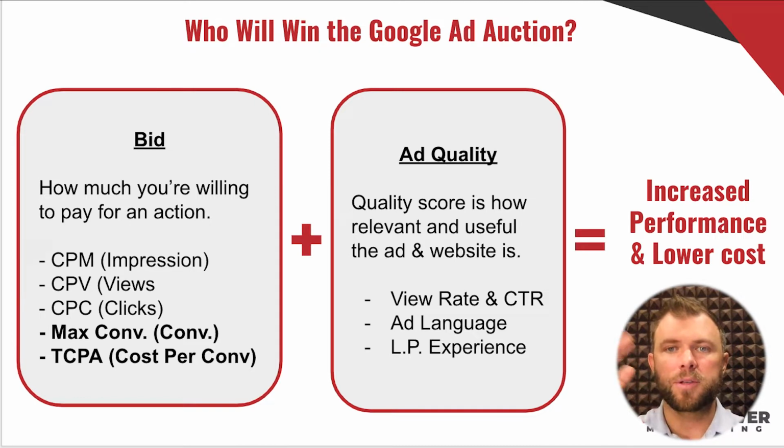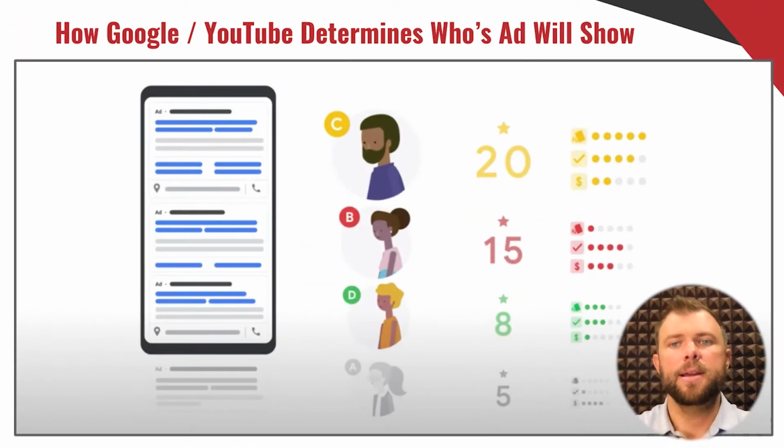So make sure all those three things are aligned, and the person with the highest score earns the auction. In this case, person C, because they're willing to spend the budget, but also because they have a high quality score, meaning the ad is relevant, the landing page experience is relevant, and they're using relevant language in that ad. That person is going to win the auction.